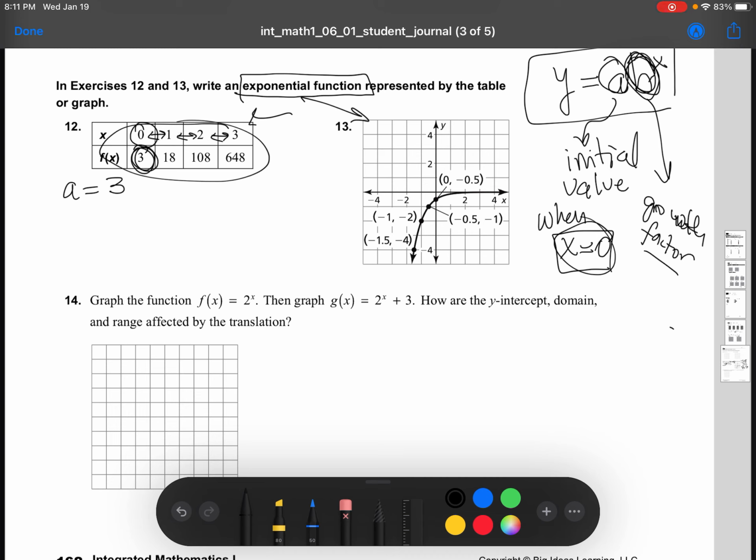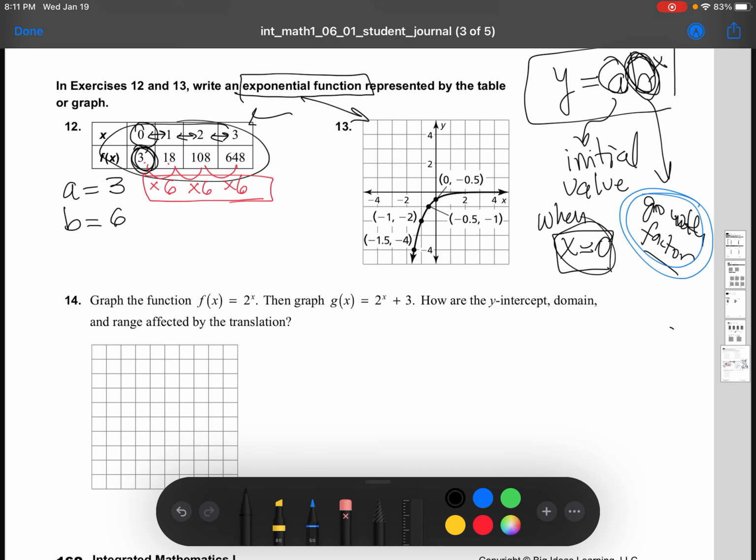So now I am going to take a look at what happens as the y values increase. 3 to get to 18, we multiply by 6. 18 to 108 times 6, and so on. This little friend, my dear friends, is what we call our growth factor. Okay, so it means that we have already found what b is, which is 6.